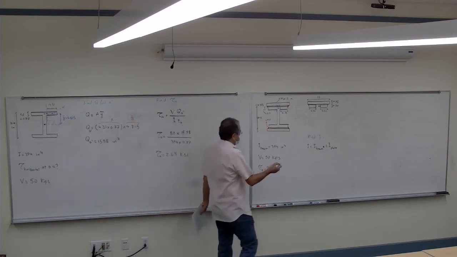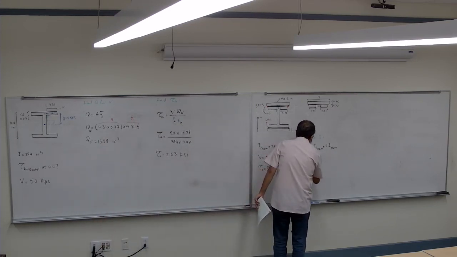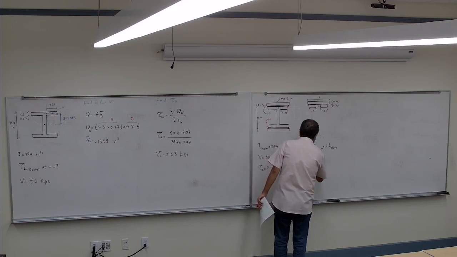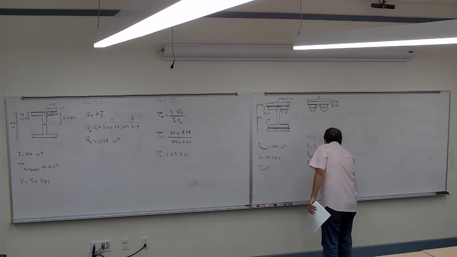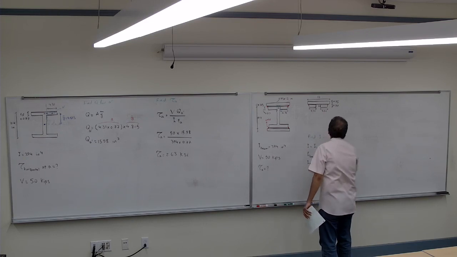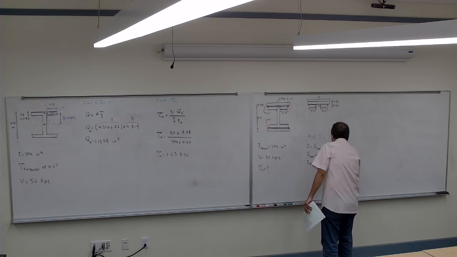I know that I for the beam is 394. I for the plate, for one of them, is 1/12 of B, which is 12, times H cubed, which is going to be 0.75.